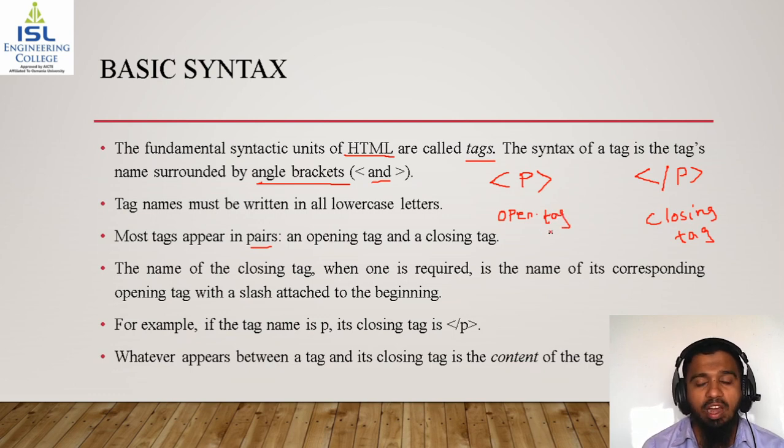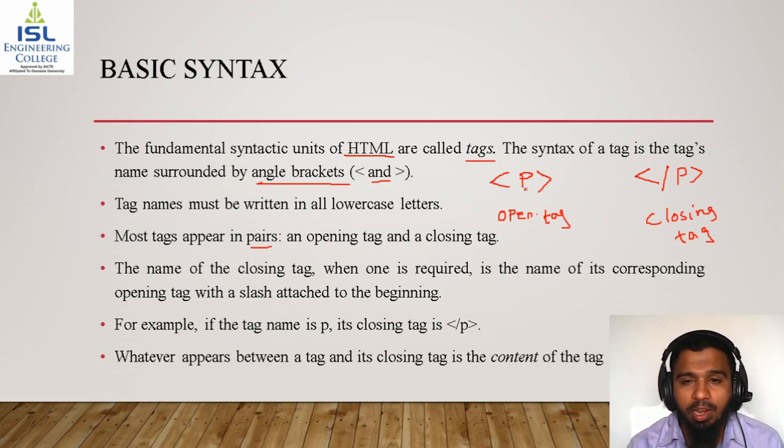How can you identify which one is an opening tag and which one is a closing tag? In the opening tag you will not get any slash, just P, for example. This is an opening tag.